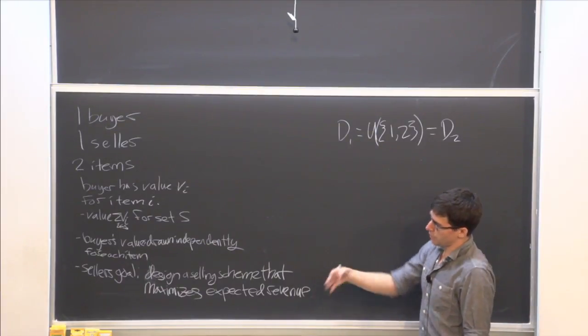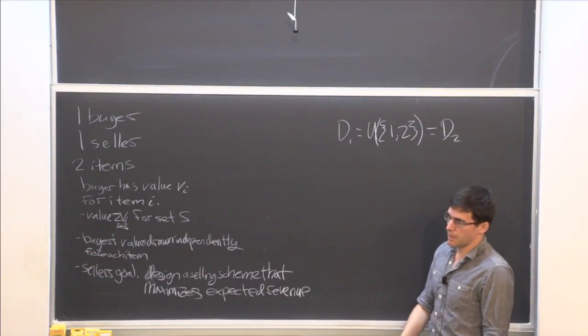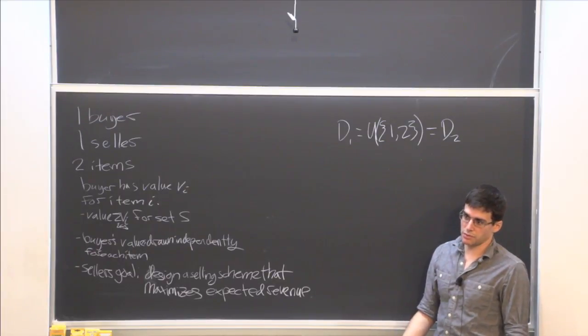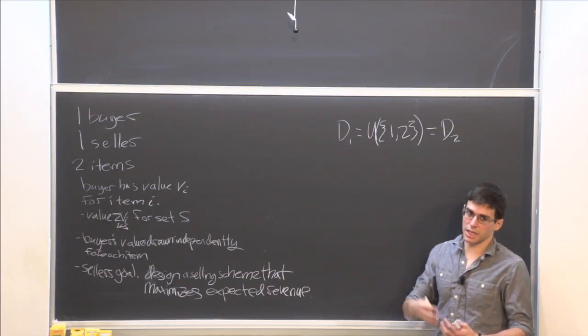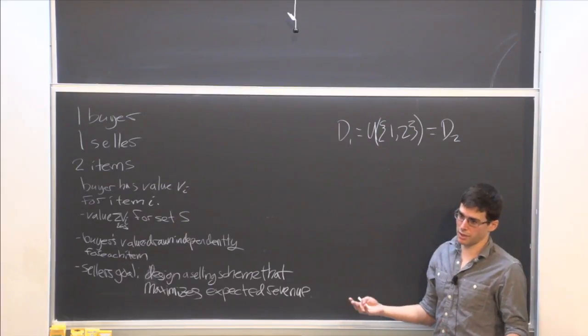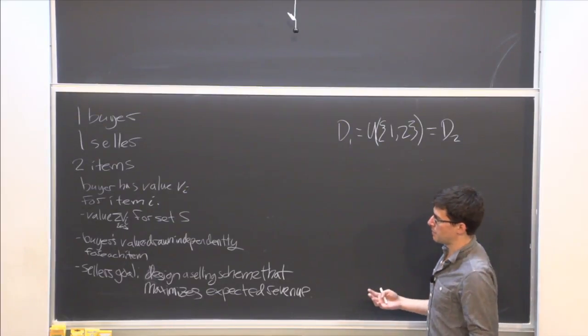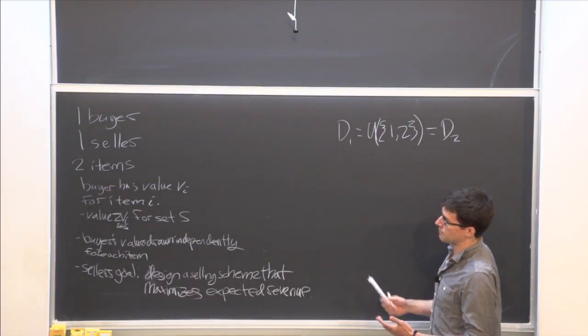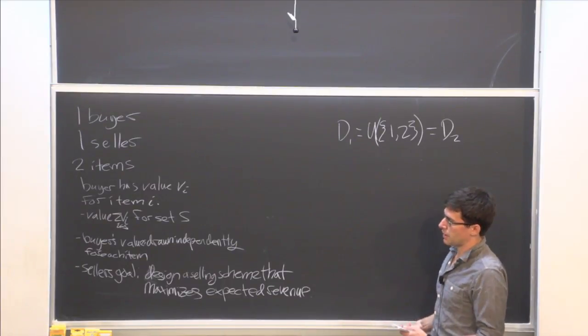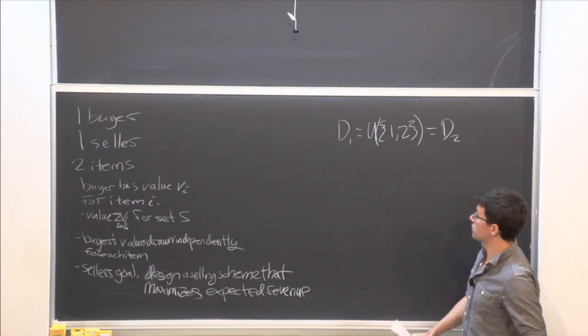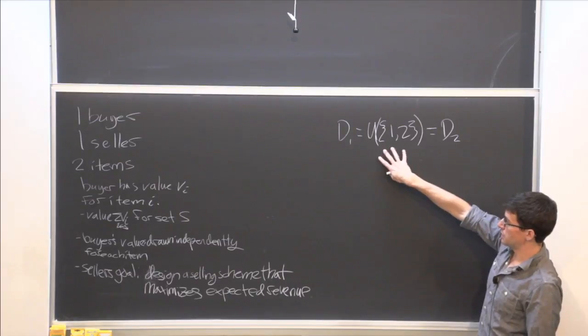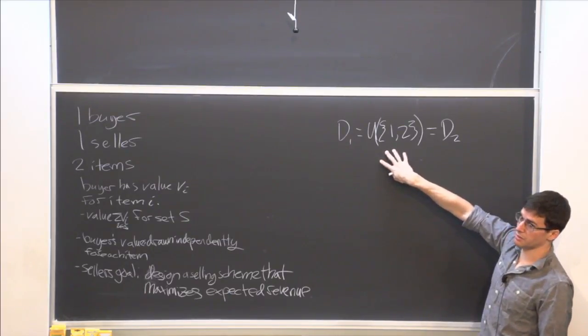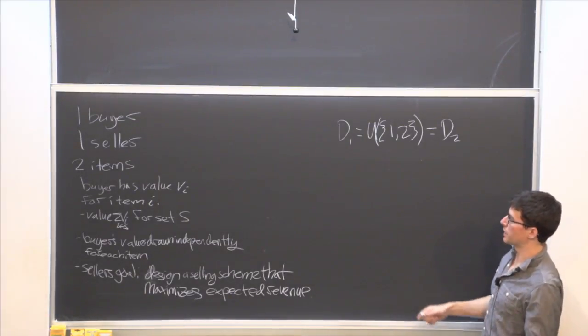And you can also look and say the buyer's values are drawn independently for each item, so even if you condition on the value for item 1, it doesn't tell you anything about the value for item 2. And it maybe suggests there's not much interaction between the items, and maybe the right thing to do is just to sell the items in isolation and let the buyer do whatever he wants. So what would that look like?